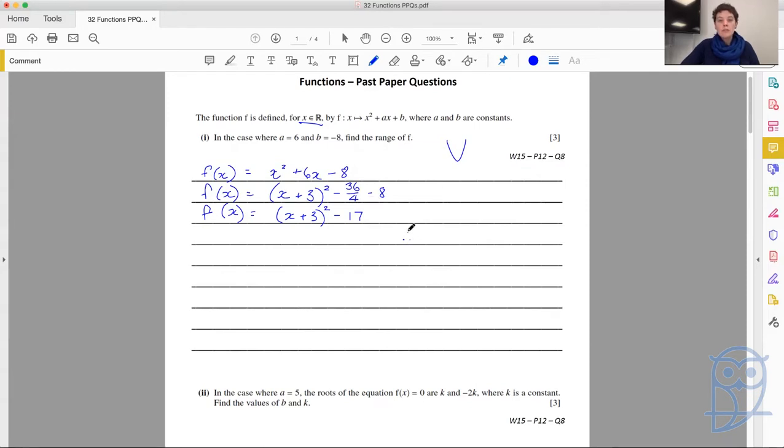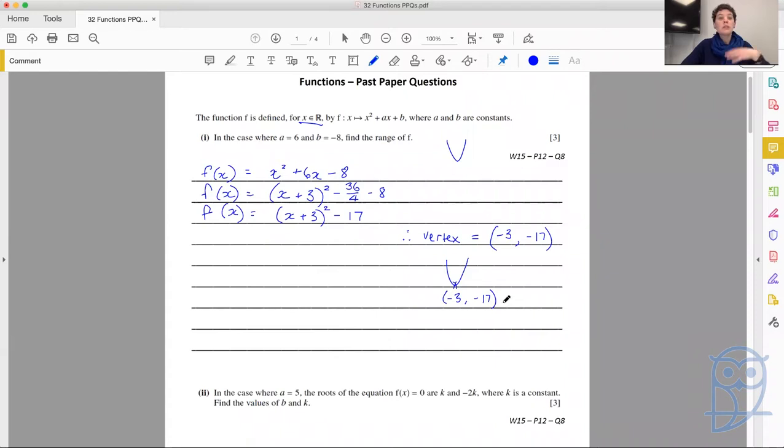So once we have completed square format, we can of course pull our vertex straight out. Vertex equals, change the sign, keep the sign, (-3, -17). So our curve is a smiley face as we established. Vertex is (-3, -17).